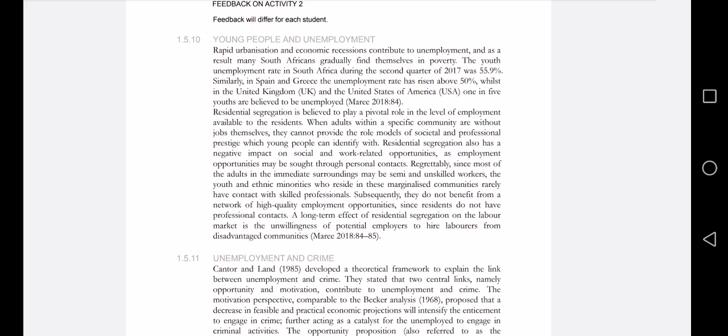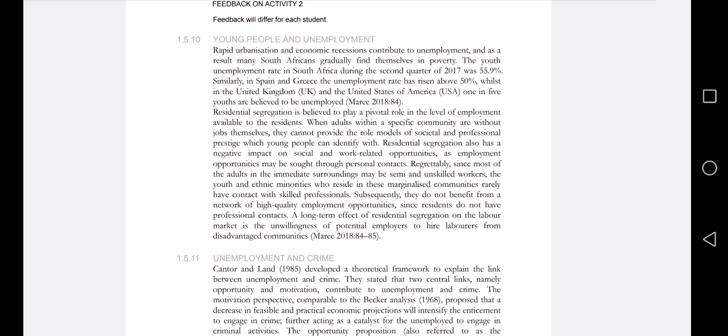Residential segregation is believed to play a pivotal role in the level of employment available to residents. When adults within the specific community are without jobs themselves, they cannot provide the role models of societal and professional prestige which young people can identify with. Residential segregation also has a negative impact on social and work-related opportunities, as employment opportunities may be sourced through personal contacts.